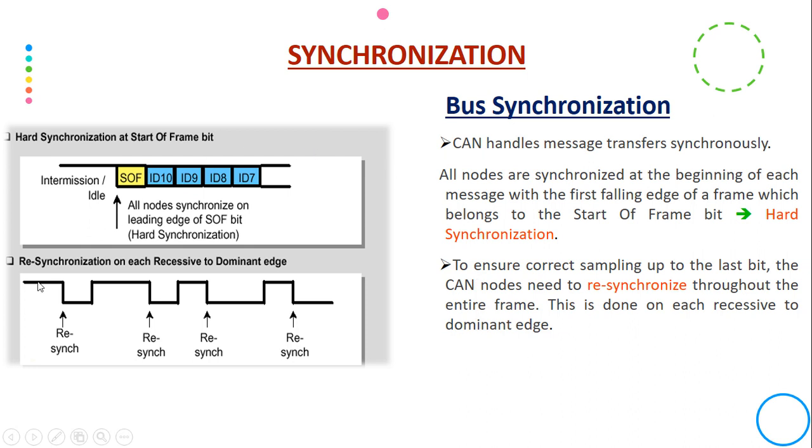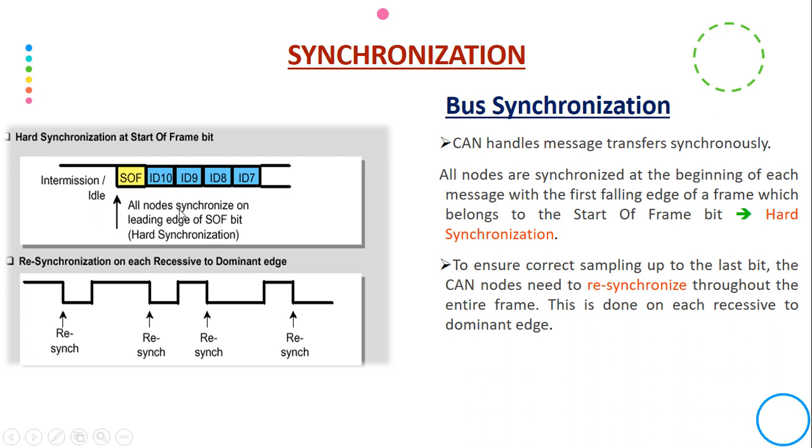Next, coming to the bus synchronization, CAN handles message transfer synchronously. All nodes are synchronized at the beginning of each message with the first falling edge of the frame, which belongs to the start of the frame. This is called hard synchronization, as I explained earlier. So on the falling edge of the start of the frame, all the nodes will synchronize.